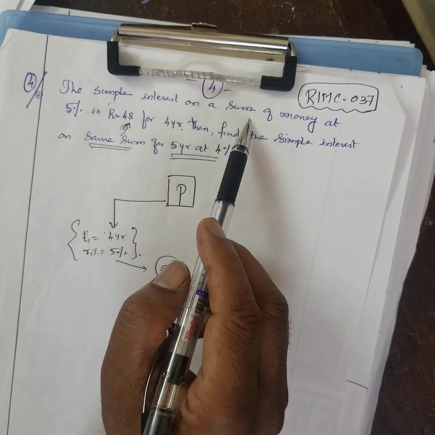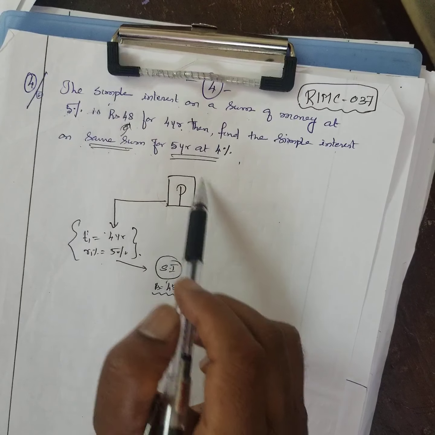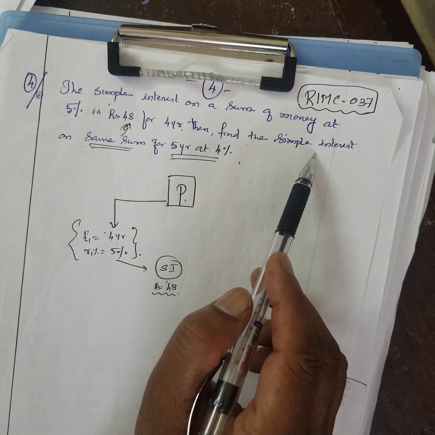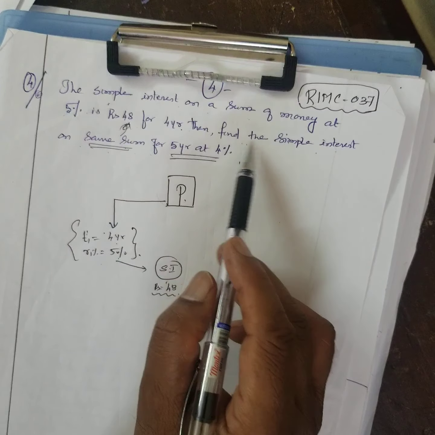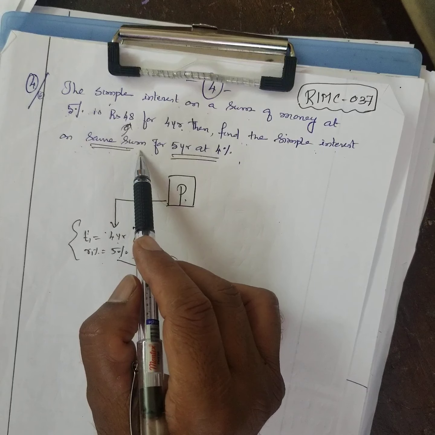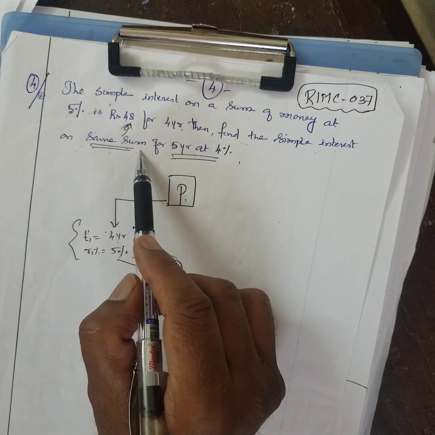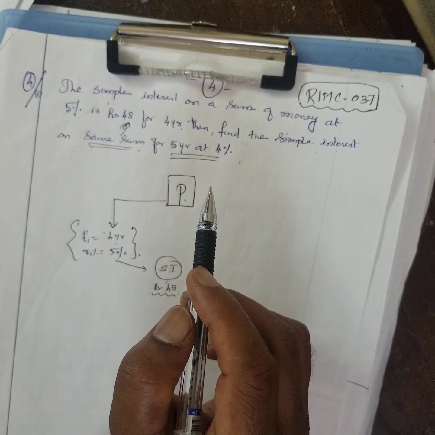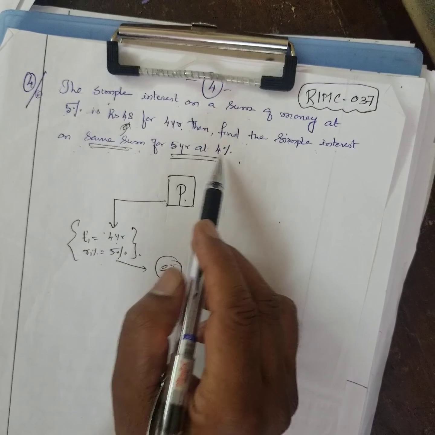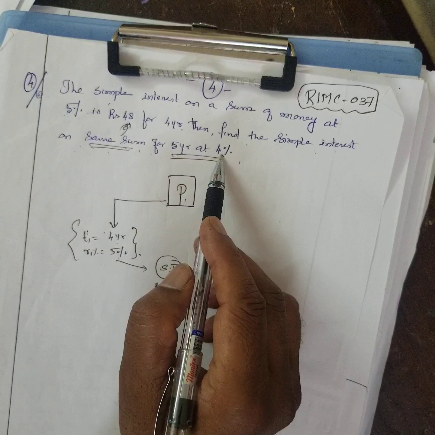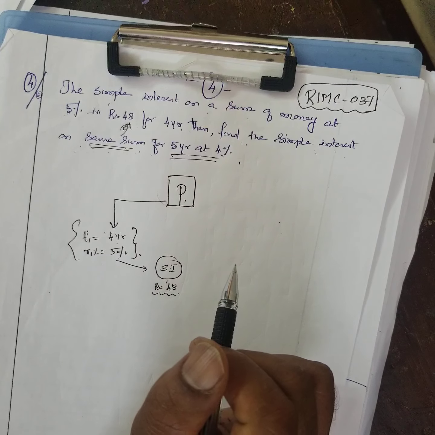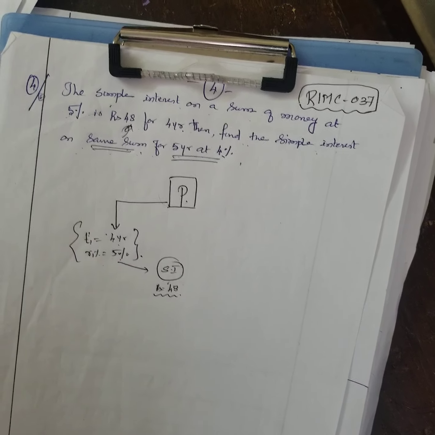The simple interest on a certain money at 5% was the rate. Find the simple interest on the same sum for 5 years at the rate of 4%.